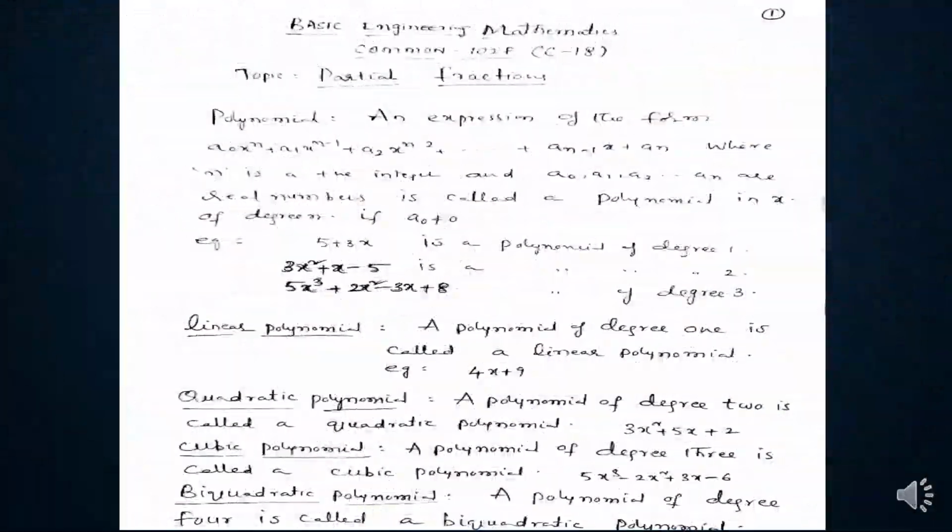A polynomial is an expression which contains two or more terms. Simply, we can say it like that.